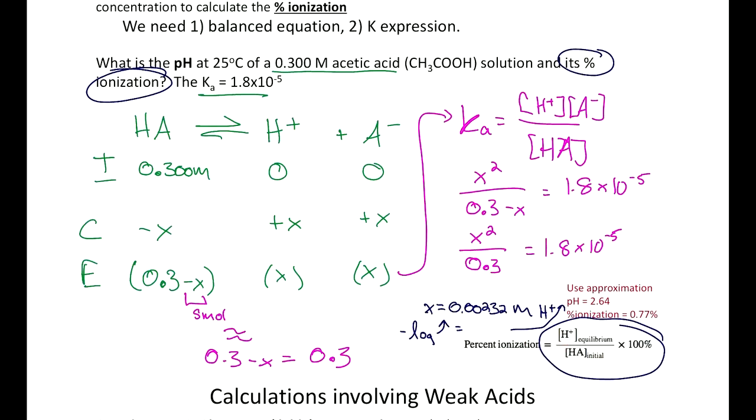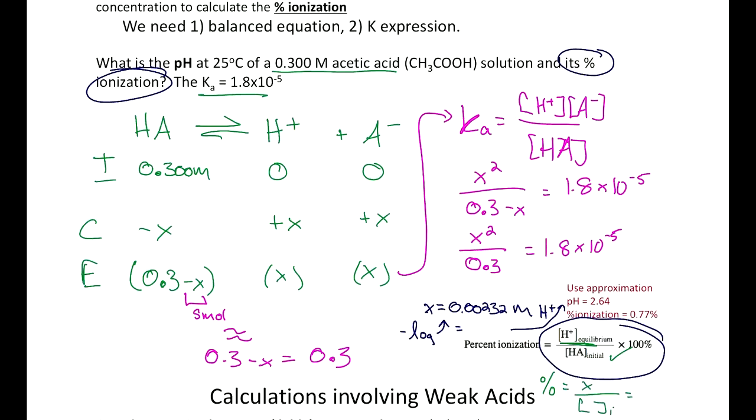Percent ionization is H plus concentration at equilibrium over your initial concentration. We were given initial concentration, it was 0.3, but H plus at equilibrium, what value is that on this ICE table? X. So we already have X. So percent ionization is equal to X over your initial concentration that was given.